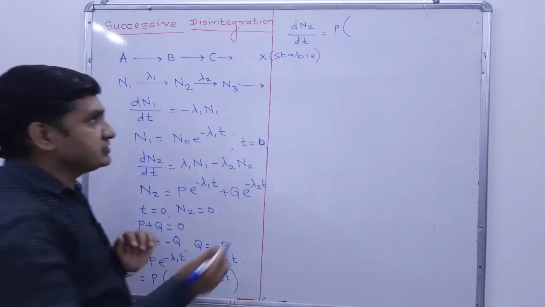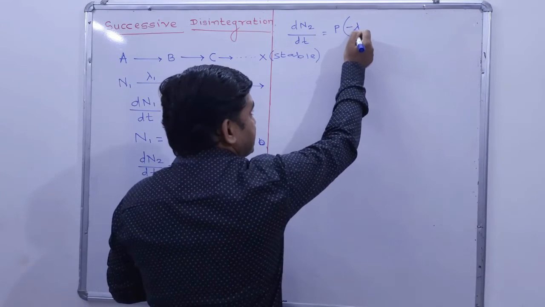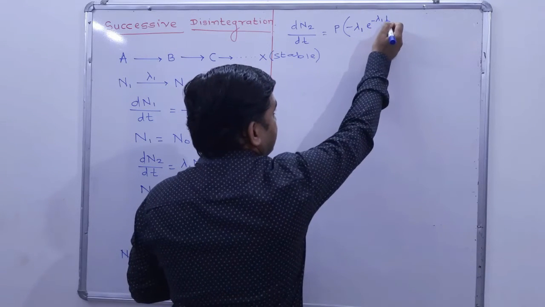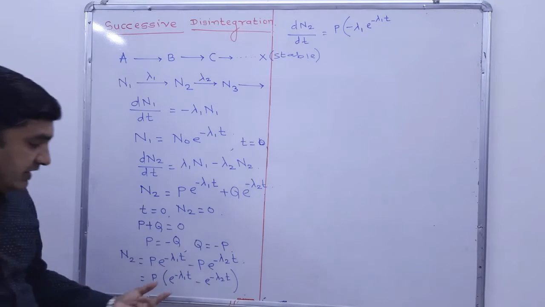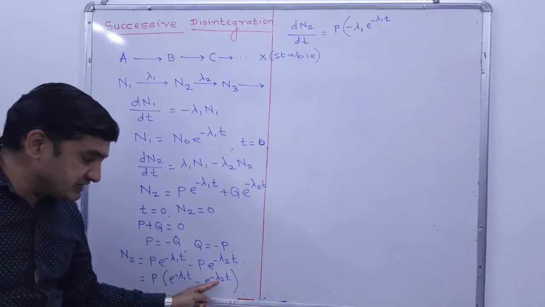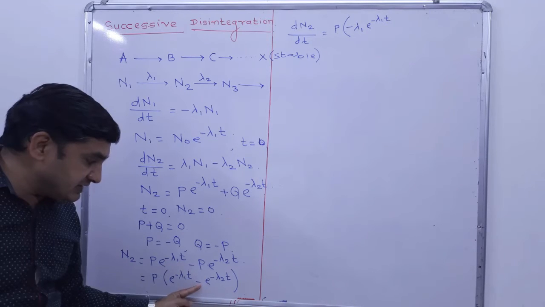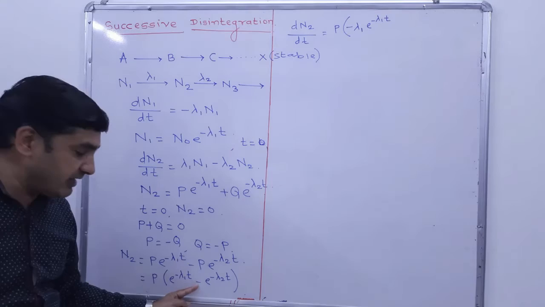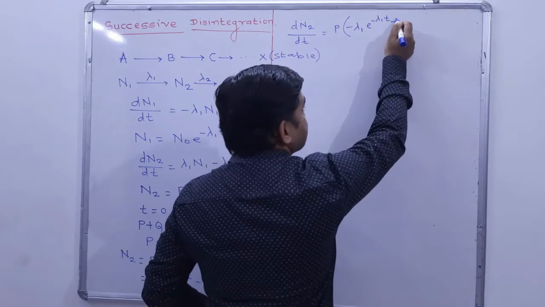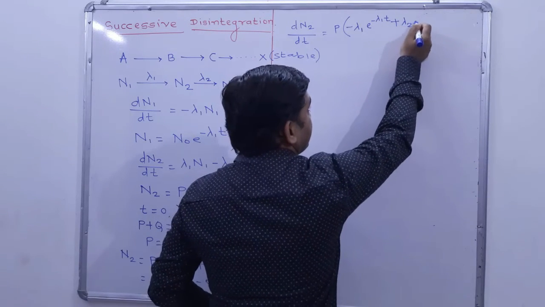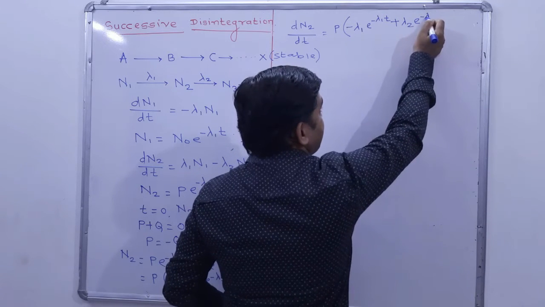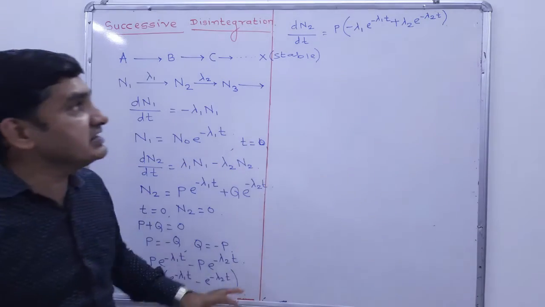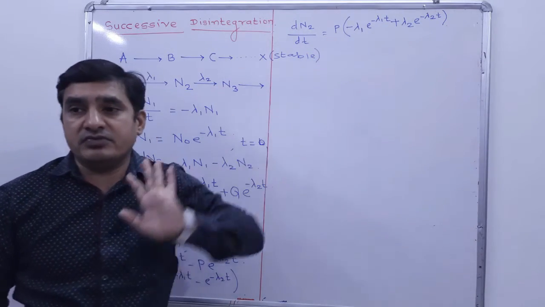For the derivative of the second term, we get minus lambda 2, and with the minus sign it becomes plus, so plus lambda 2 e raised to minus lambda 2 into t. So this is the derivative of this term.